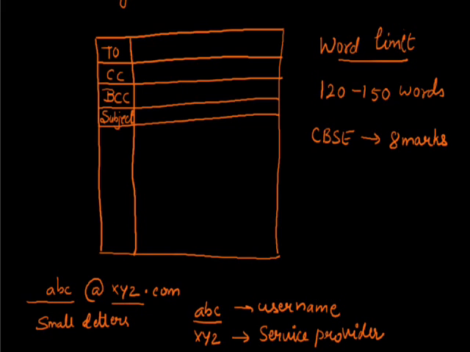So if I write an email address as abc1@gmail.com, then abc1 is the username, whereas Gmail is the service provider's name. So if I write this address in the to column, my email would be delivered to the mentioned address.